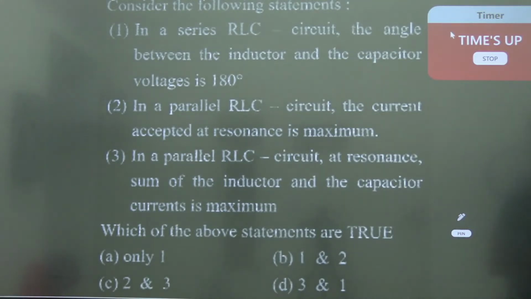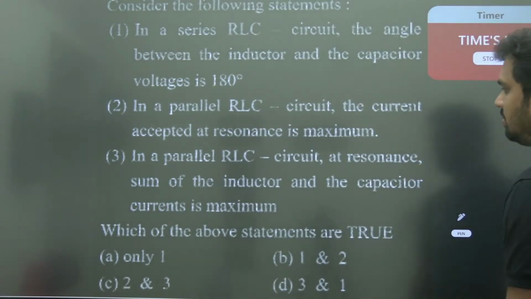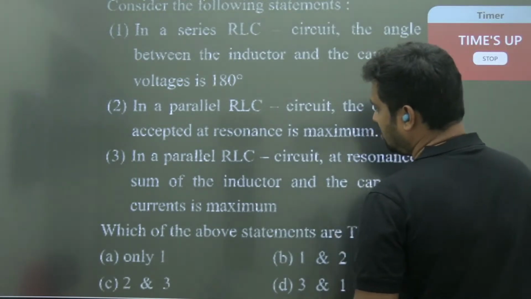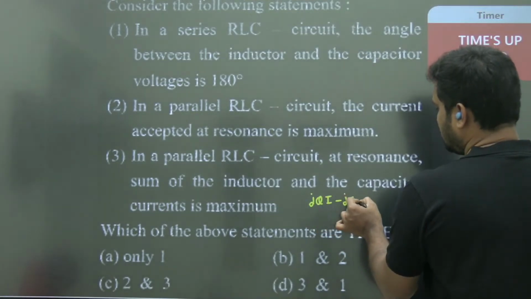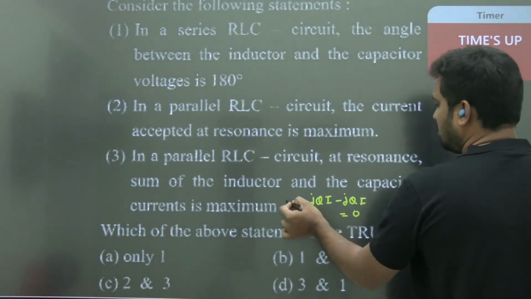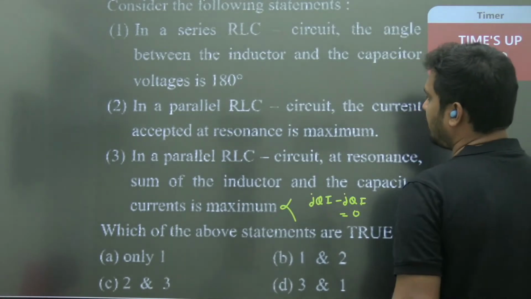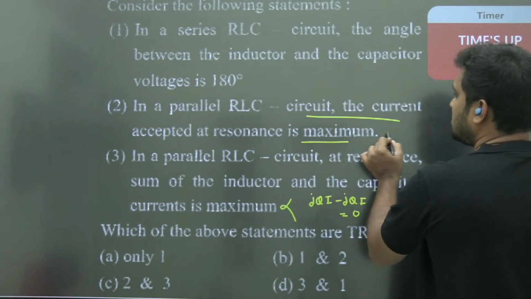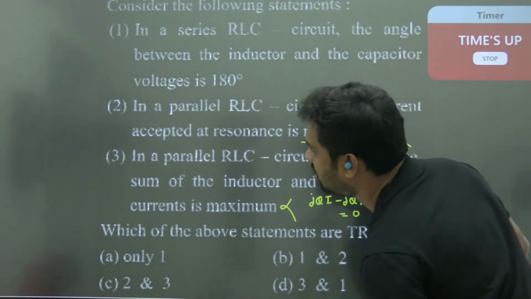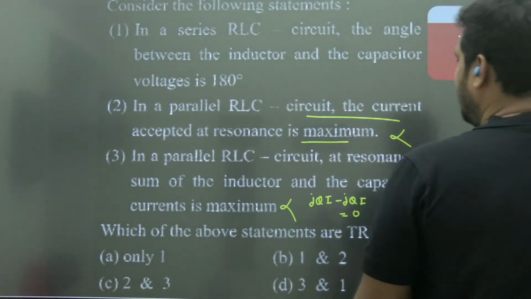So in a parallel RLC circuit at resonance, will the sum of inductor and capacitor currents be maximum? The inductor and capacitor currents cancel, so at resonance the sum will be 0. In a parallel resonance circuit, is the current at resonance maximum? No, minimum. It is a resistive circuit.